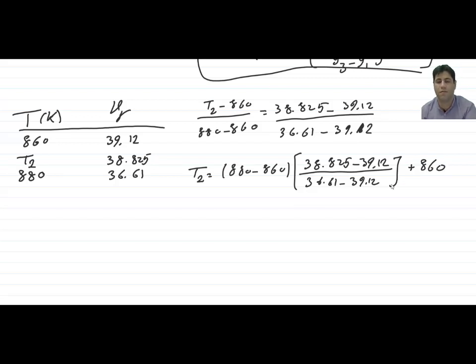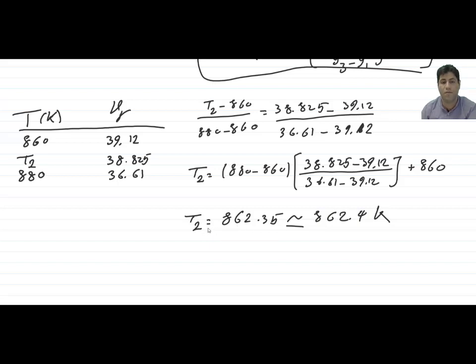Then if we solve this equation, we can find T2 as our unknown, which will be equal to 862.35, or roughly 862.4 Kelvin. And this is what we found for temperature at state 2.